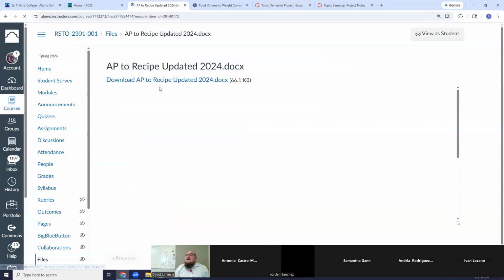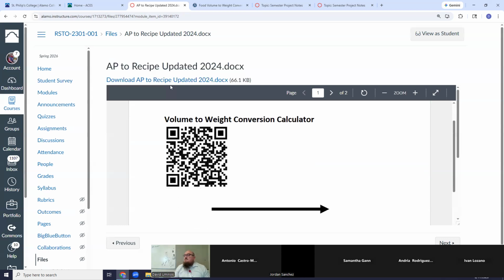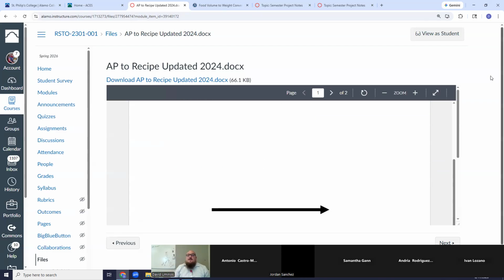All right, so the next item in our project: this QR code right here will take you to that converter calculator, the volume to weight calculator. So if you wanted to use your phone to do that while you had the other stuff on your computer, that's fine. Then let me open this up.